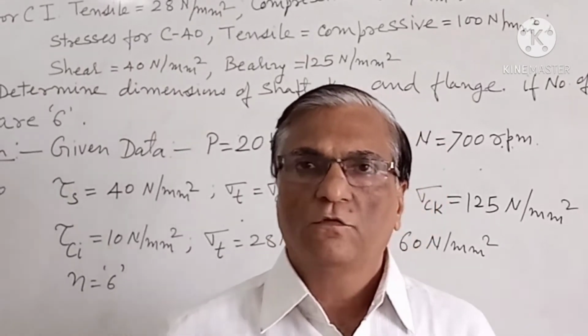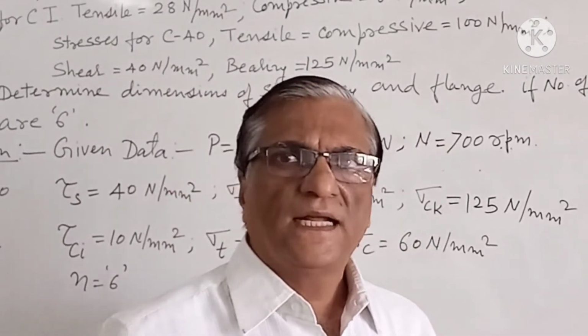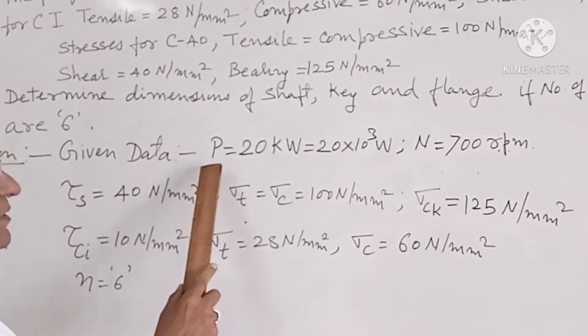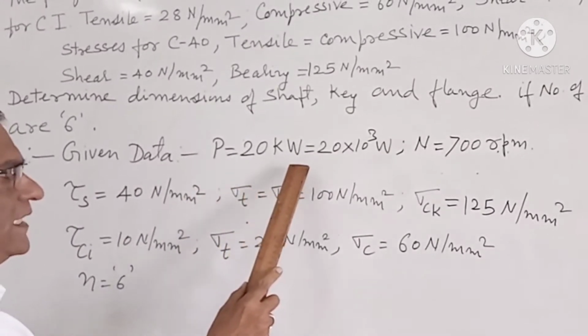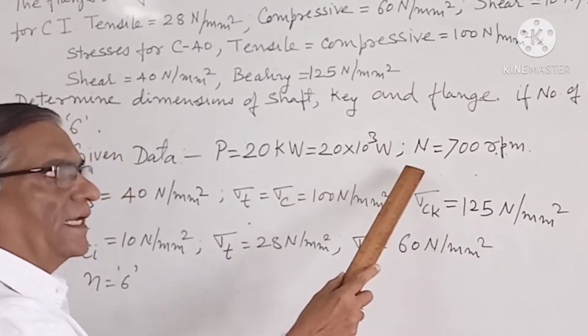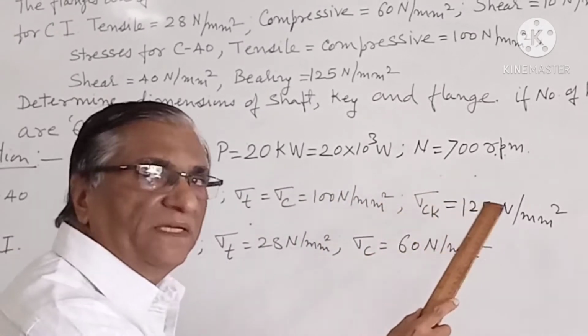First of all, we write down the given data. Power P is equal to 20 kilowatt, that is equal to 20 into 10 raised to 3 watt, at 700 RPM.